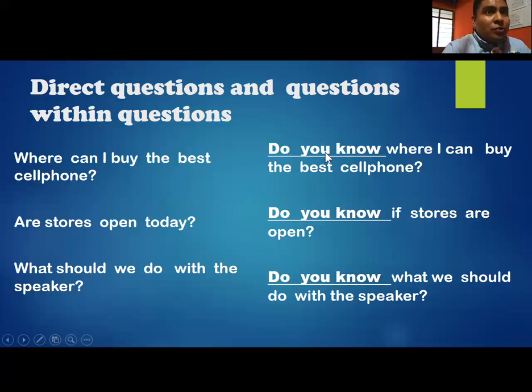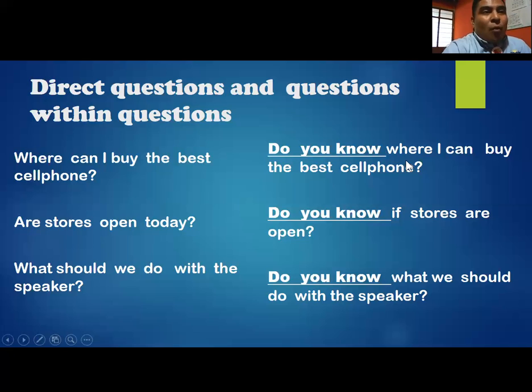Okay, I'm going to start with this phrase. Do you know? This is the beginning of a question too. But if I start with this phrase, after that I'm going to change some words to make it a question within a question.